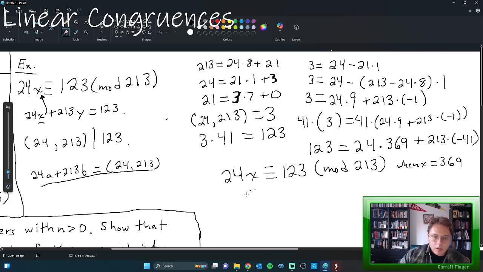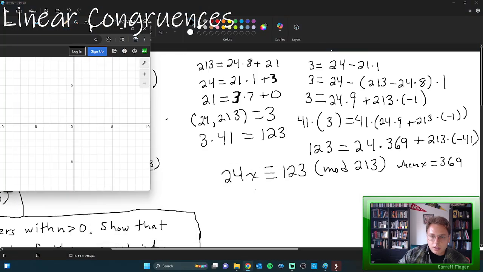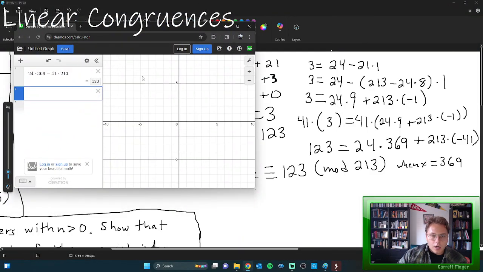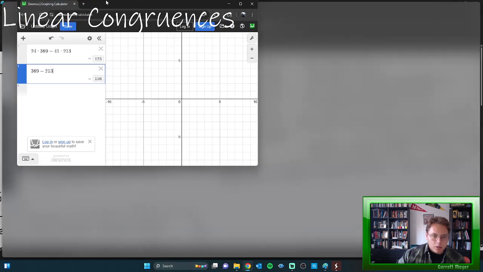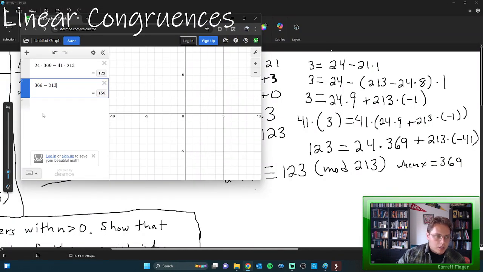One way to do it would be to take 369 and then subtract 213. That's going to be something equivalent to 369, and by one of those theorems we proved earlier, this will also be a solution.